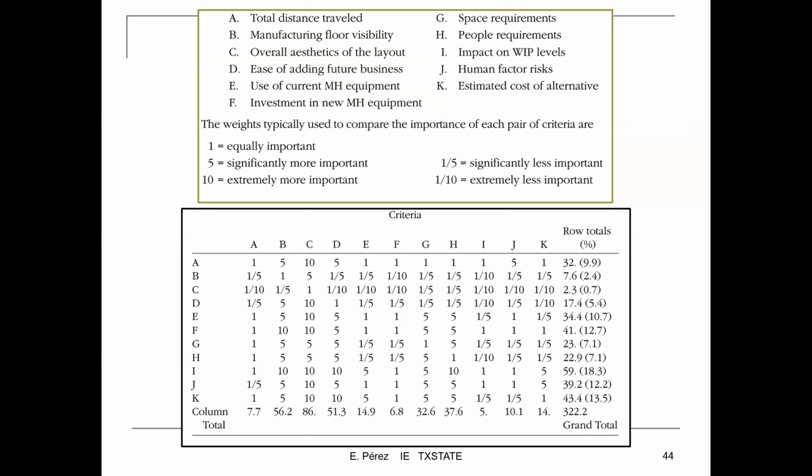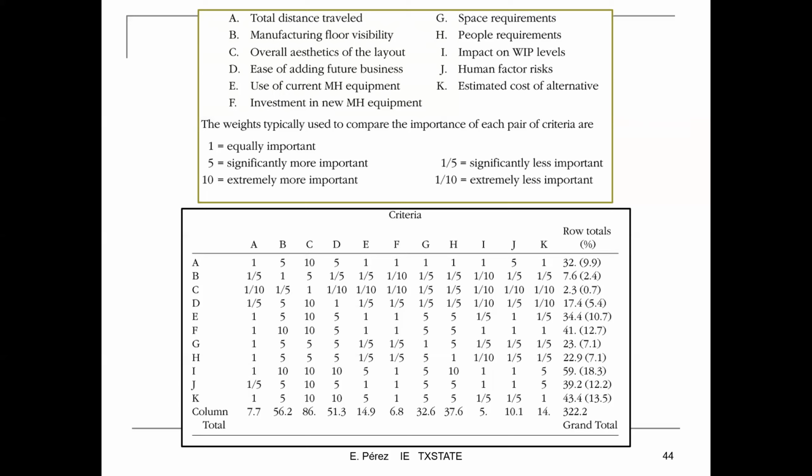And we have all these actions or items that can happen, and a set of weights typically used to compare the importance of each pair of criteria.